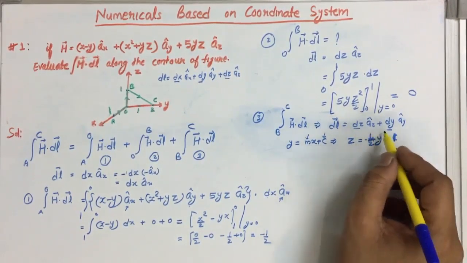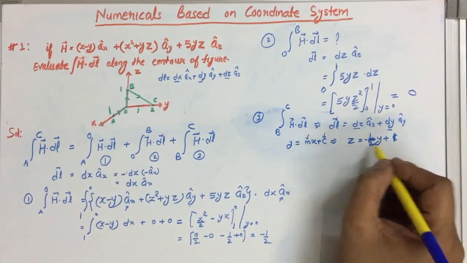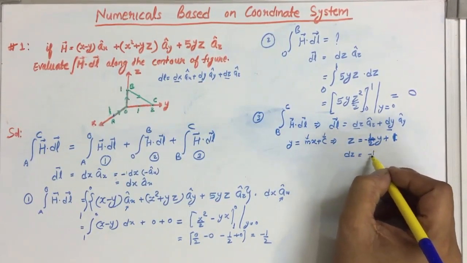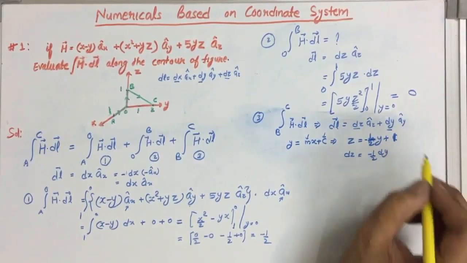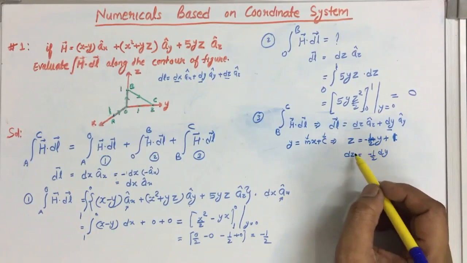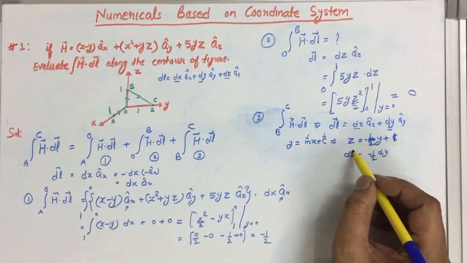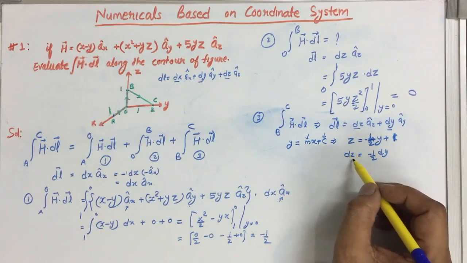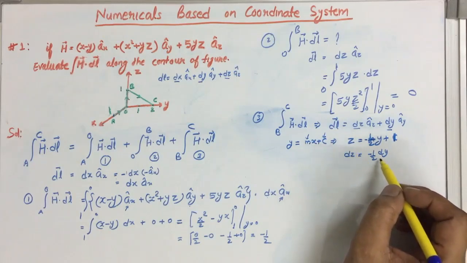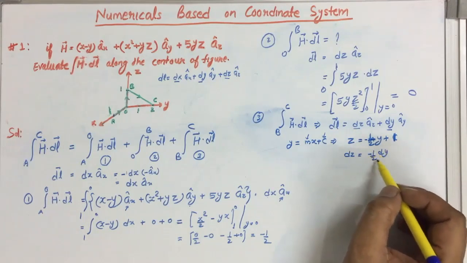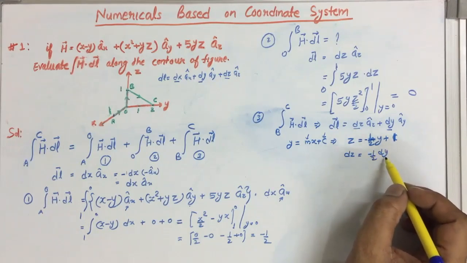Now try to find dz, differentiate: dz is minus half dy, and the differential of the constant will be 0. So what we can observe here, the rate of change of z is minus half times the change in y.